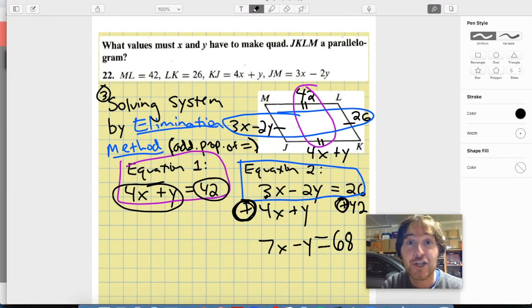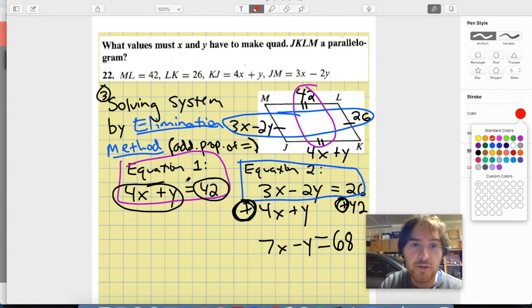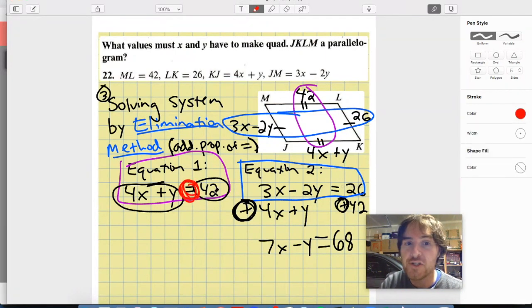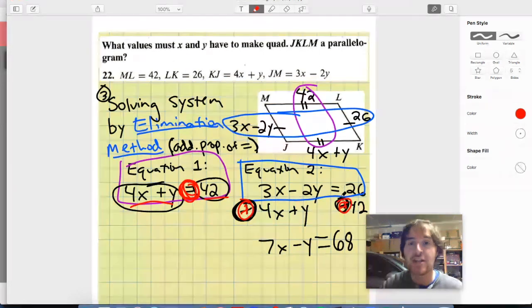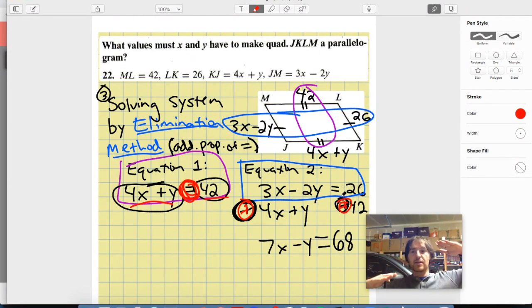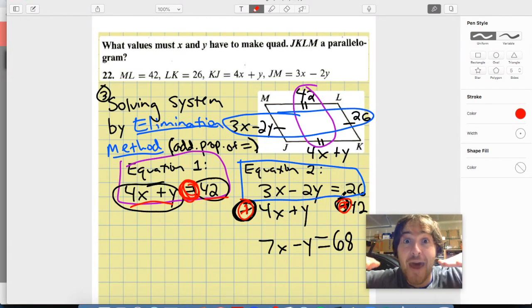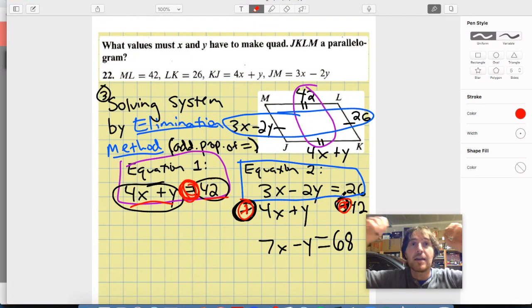When you have two equal things, 4x plus y is equal to 42, I'm allowed to add this to the left side of the equation and add this to the right side. If I'm adding one thing to one side and an equal value to the other side, my equation remains balanced. That's the addition property of equality: if A equals B and C equals D, then A plus C equals B plus D, because I added equal values to both sides.